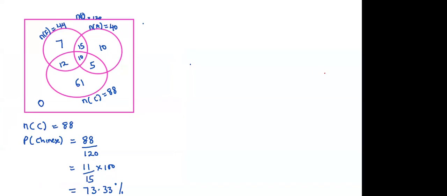Yes, Daniela. I was asking if I could say 88 out of 100 times 120, is it correct or wrong? When I want to change that into a percentage, I say 88 out of 100 times 120.